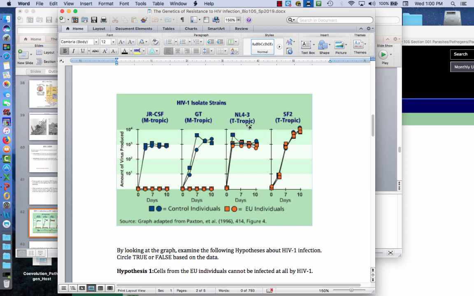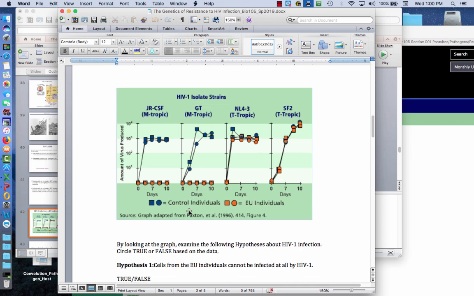If we look at the T-tropic virus and mix those with control individuals and EU individuals, we see in all cases that the virus can attach and is reproduced by the host cells. Lots of virus, going all the way up to 10 to the 4 and possibly more. I don't know how far this scale goes. So what you see in these exposed but uninfected individuals is that their macrophage, which is required for initial infection, cannot be infected.